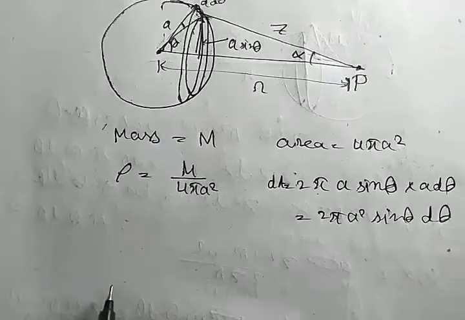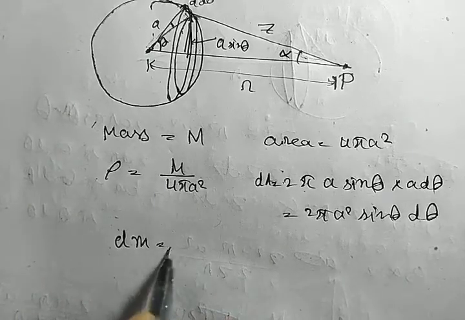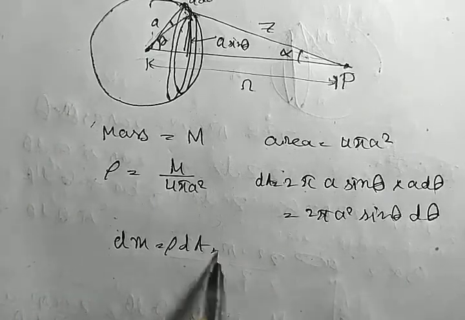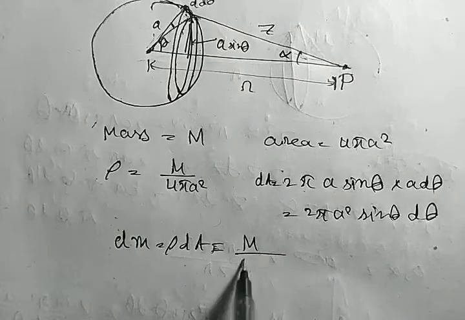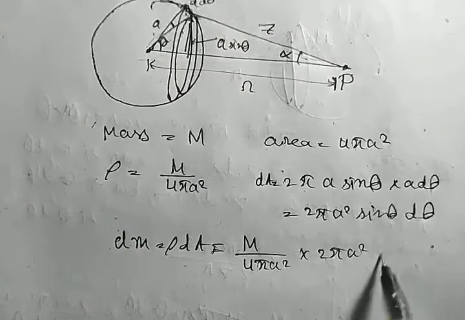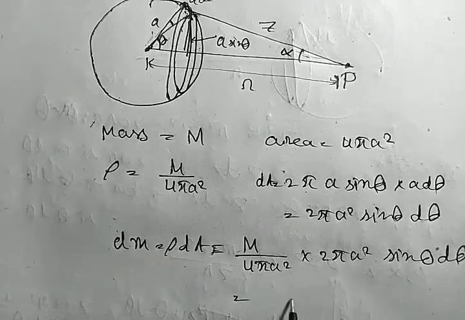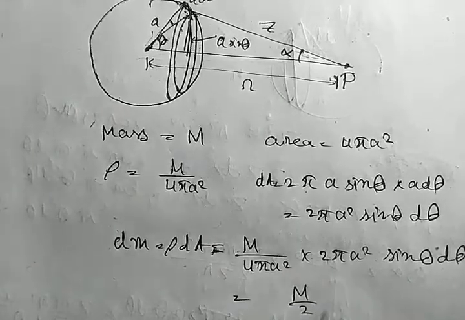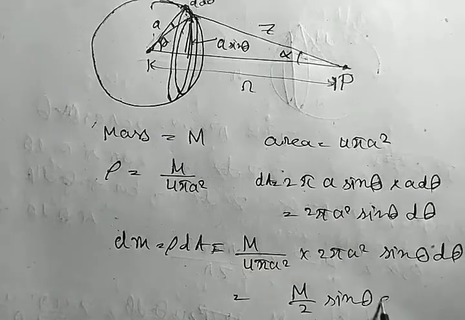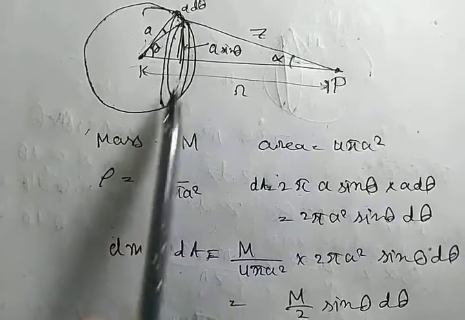We get the mass element dm by multiplying these two quantities. So it gives us M by 2 sine theta d theta. This is the mass element dm.